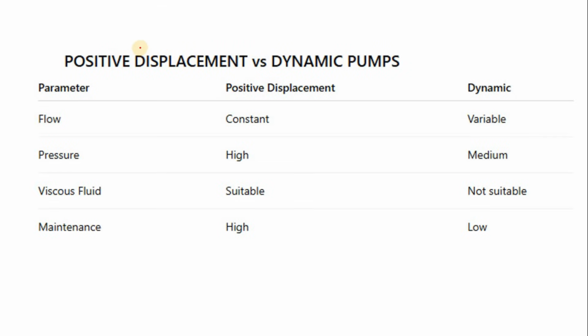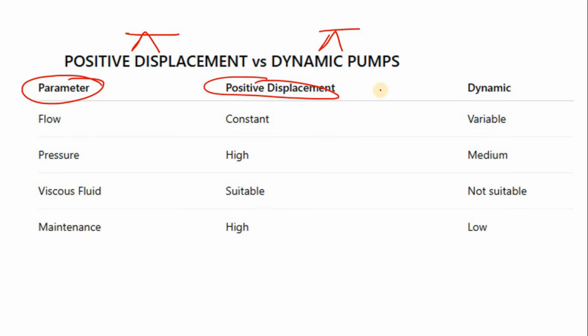There is a comparison between the positive displacement pump and dynamic pumps, and I have already made a video about it. You can also check it out, but here you can also see the parameters and the types of pump, your positive displacement pump or dynamic pump. Now in case of flow, in a positive displacement pump the flow will be constant, but in dynamic it will be variable. Same with respect to pressure.